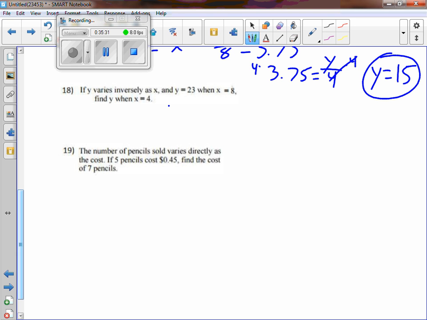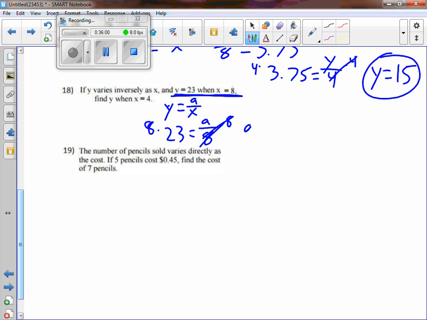We get y, it varies inversely, so it is y equals a over x. Y is 23. I apologize, x is 8. It's that piece right there. So we'll multiply by 8 on both sides to get rid of that.